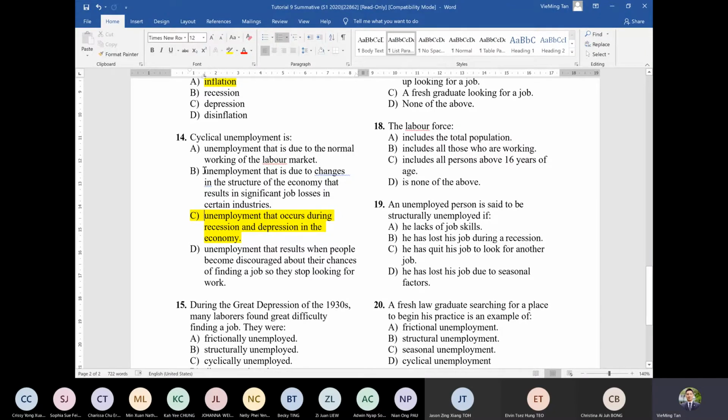Okay, for option B, what type of unemployment is it then? Option B best describes what type of unemployment? Jason, what do you think?